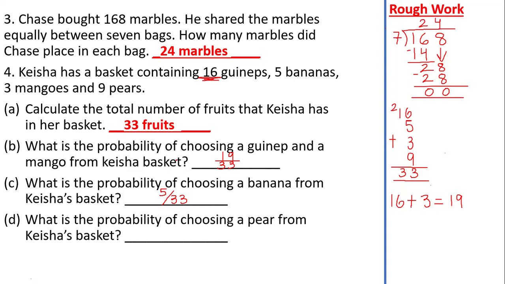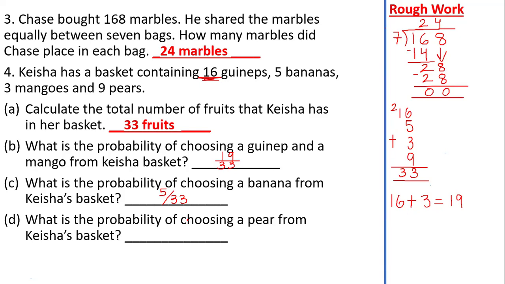So Joel and Tiana, do y'all understand how we got 5 over 33 for the probability? No? Okay, how many fruits are inside Keisha's basket in total? Are we on letter B?